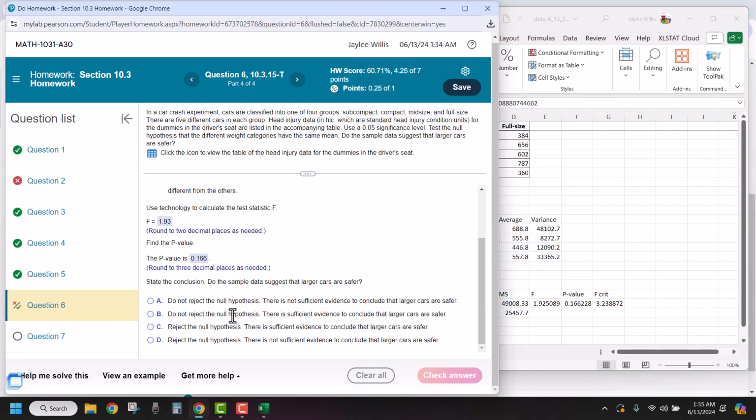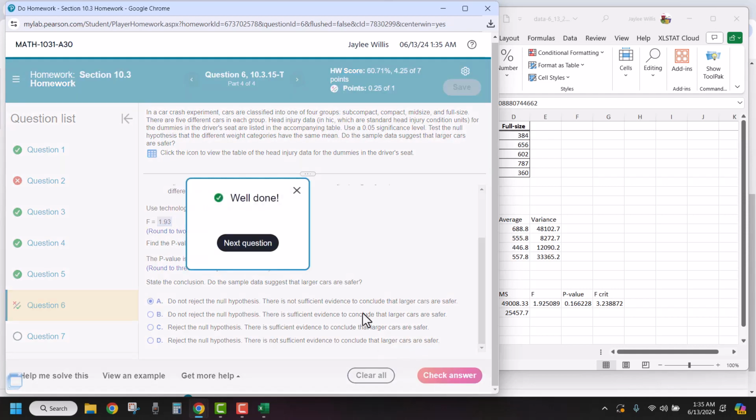So we will not reject the null hypothesis, which means that there's not sufficient evidence to conclude that larger cars are safer based on this data that we were given.